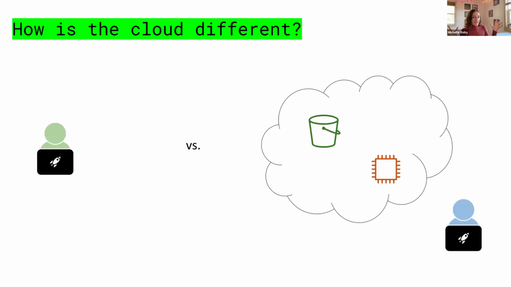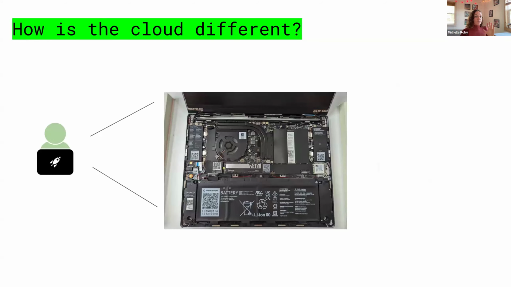But looking at things on a higher scale, let's try to understand how the cloud is different from just working on your personal computer and having the data stored on your computer. Historically, if you were working on your computer or maybe a tower or a couple of servers, the compute, which is the CPU, is in your computer right there, and right next to it is the storage, physically very close together.